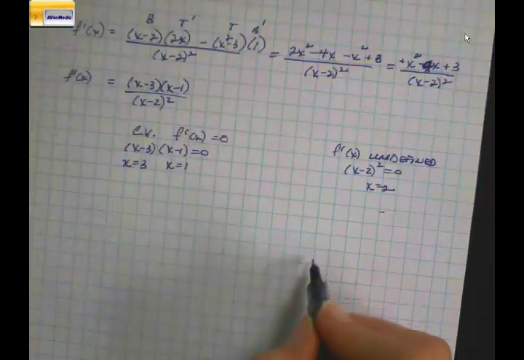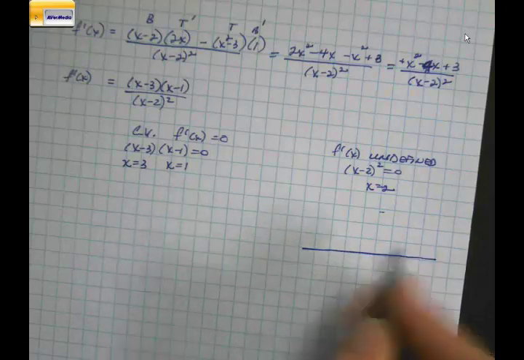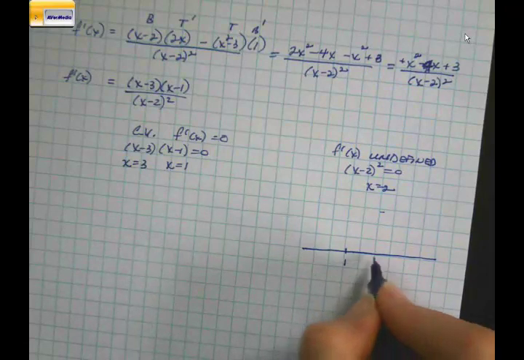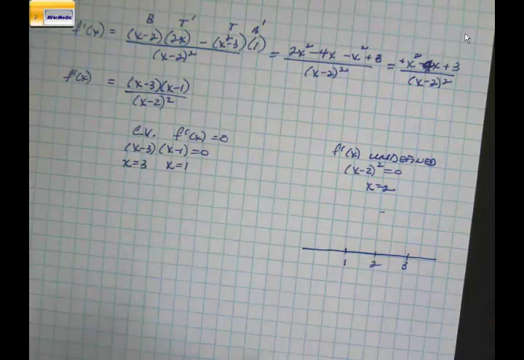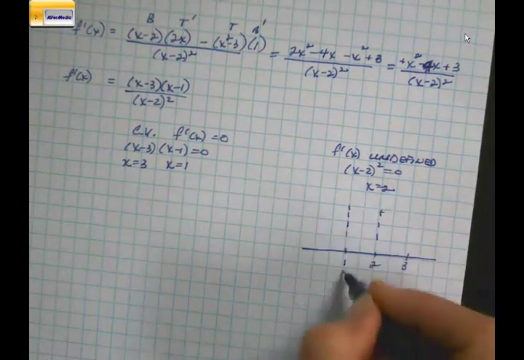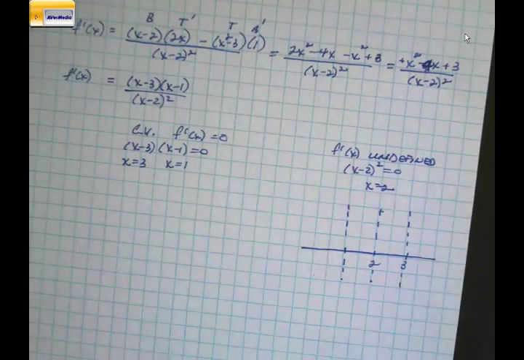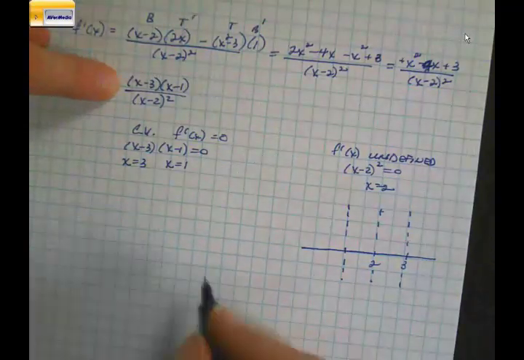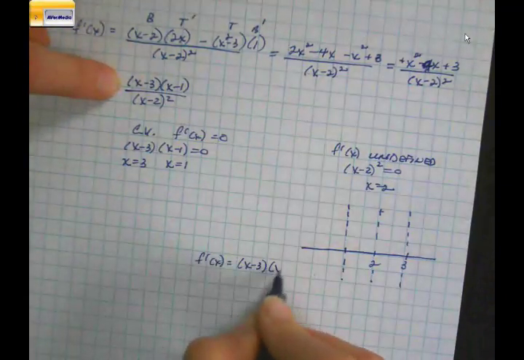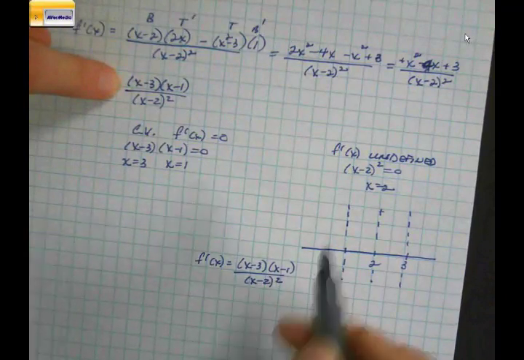I take my critical values and put them on a sign chart. So I have a 1, 2, and 3. That's interesting. This might not be fun. Remember, your first derivative is x minus 3 times x minus 1 over x minus 2 squared.